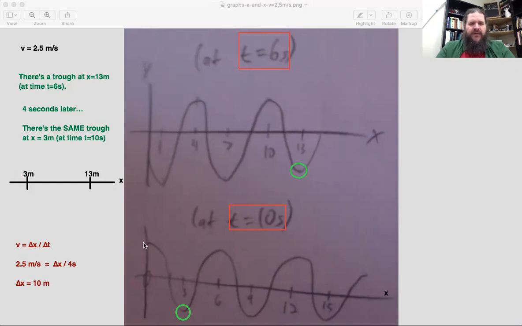We know that it hits the 13 meter mark at time 6 seconds, and that same trough hits the 3 meter mark at time 10 seconds.